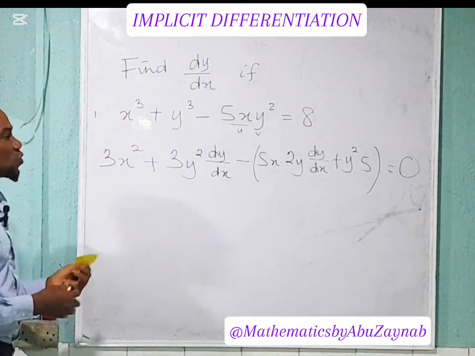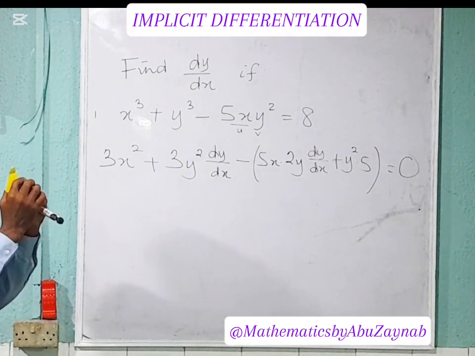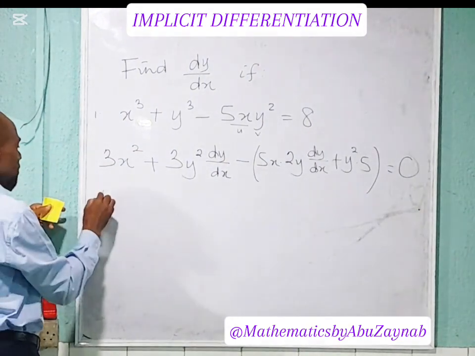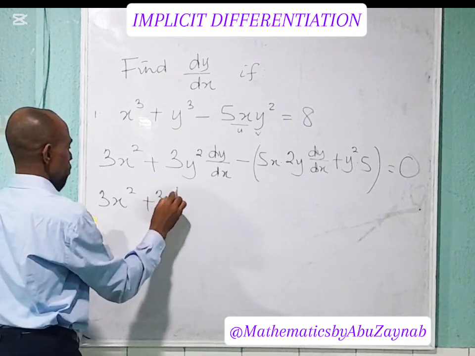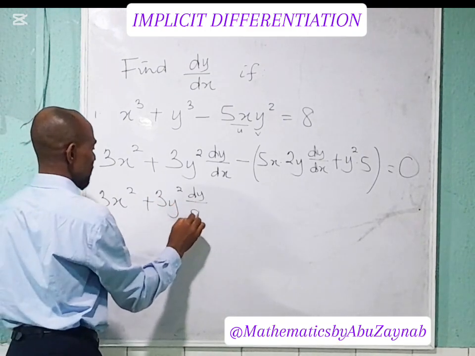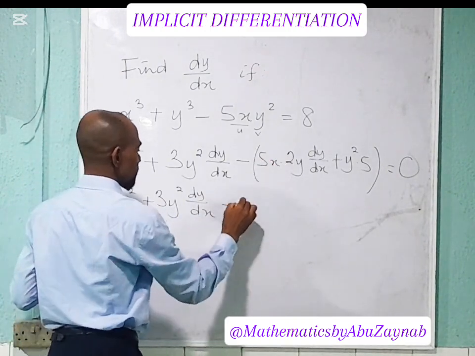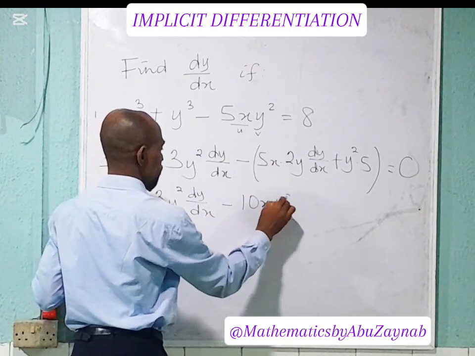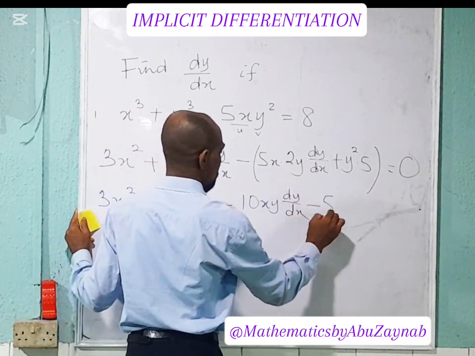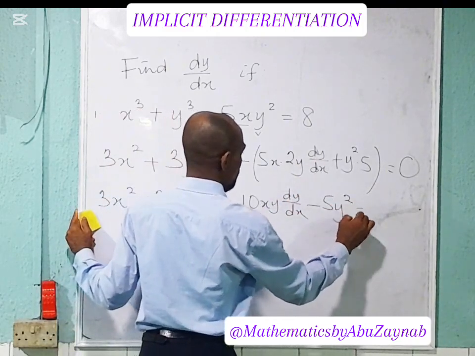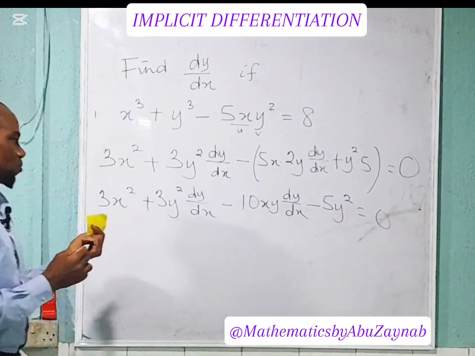All you now need to do is to simplify and bring the dy/dx's together. So we have 3x squared plus 3y squared dy/dx minus 10xy dy/dx minus 5y squared equals 0.